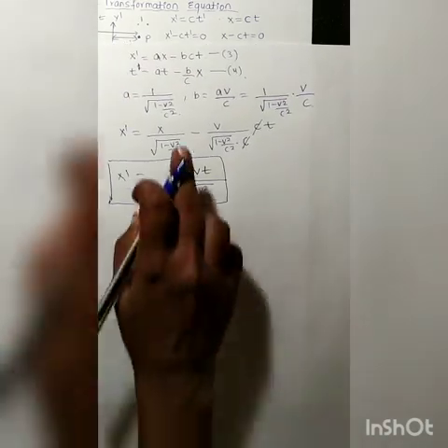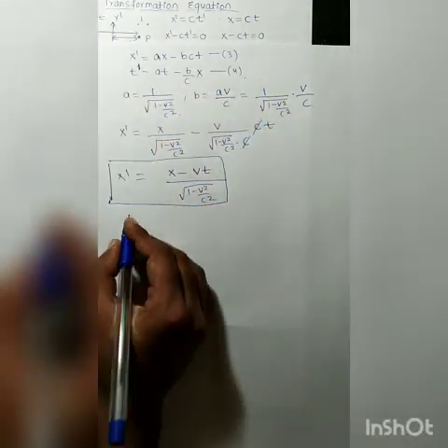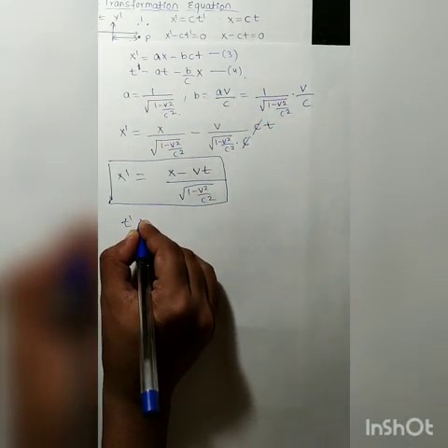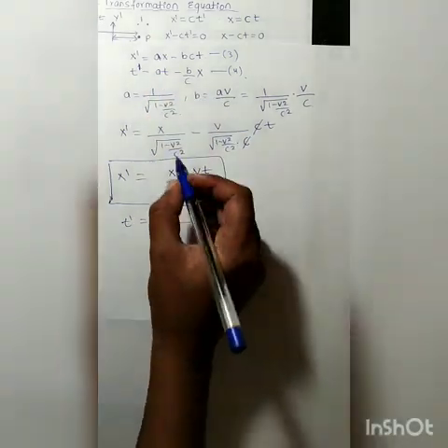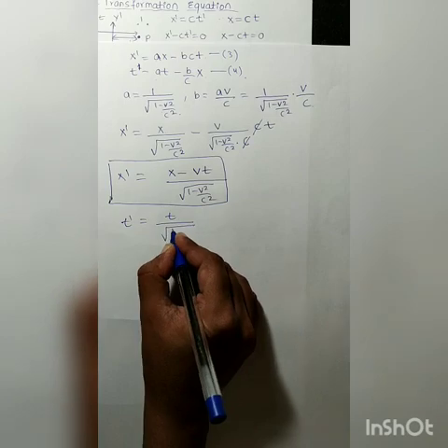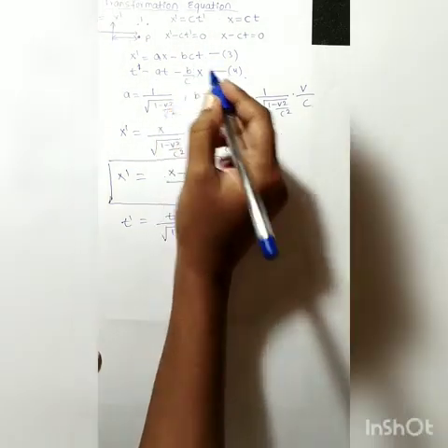And next, in terms of t dash, we should find it by substituting the a and b values. So what do we get? t dash is equal to, a is again the same, that means t divided by the square root of 1 minus v square by c square, minus the b value.